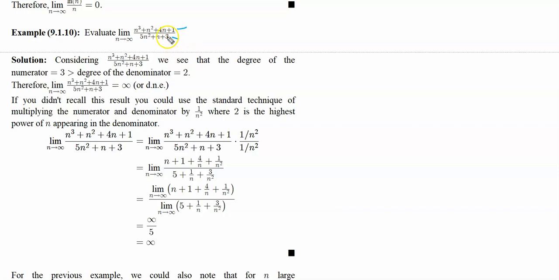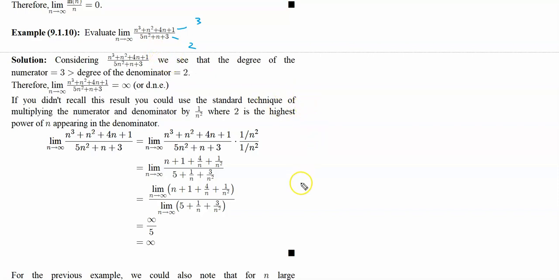Now from your experience with doing problems like this in Calculus 1, you can recognize right away that since the degree of the top is 3, the degree of that polynomial is 3, and the degree of the denominator is only 2, that this limit is not going to exist. It's going to equal either plus or minus infinity. Okay, so you could recognize that right away.